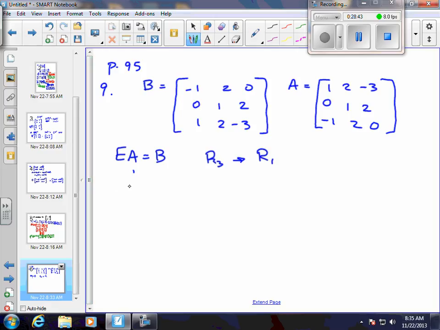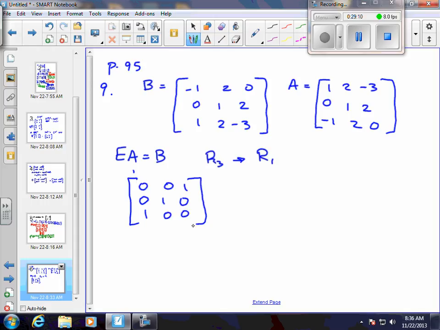So I take the identity matrix of order 3 and I change row 3 with row 1. So this row 1 is now going to be 0, 0, 1. Row 2 stays how it was, and row 3 is 1, 0, 0.